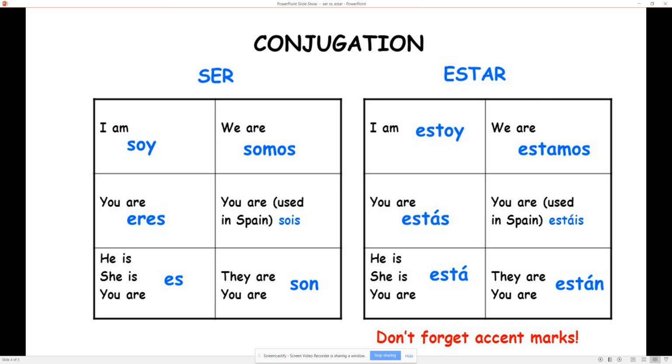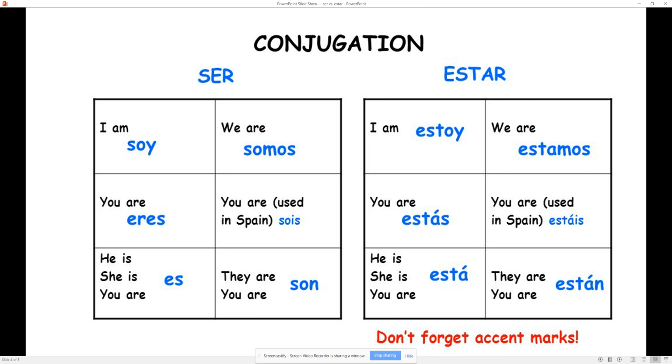So sois is how they would say it for you guys are, so that is informal. And then they are, or you guys formal, would be son. So I like to always point students to the fact that that sounds so much like the word for son. So I think so and so has three sons. They are her sons. Is a good way to remember it.